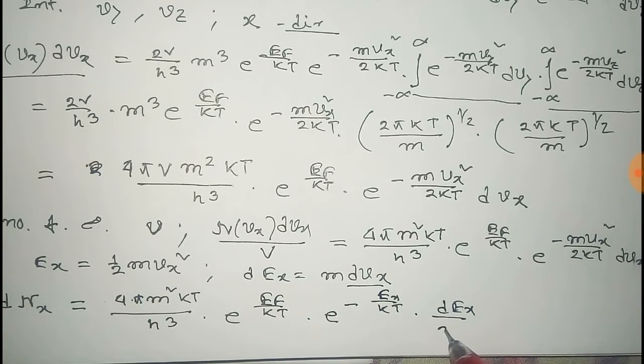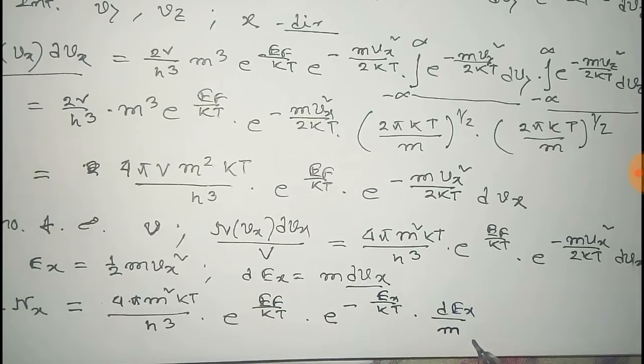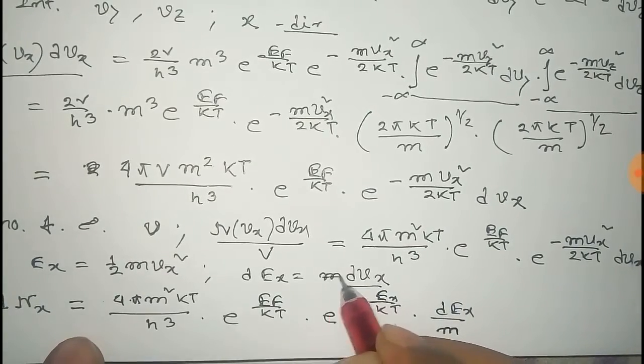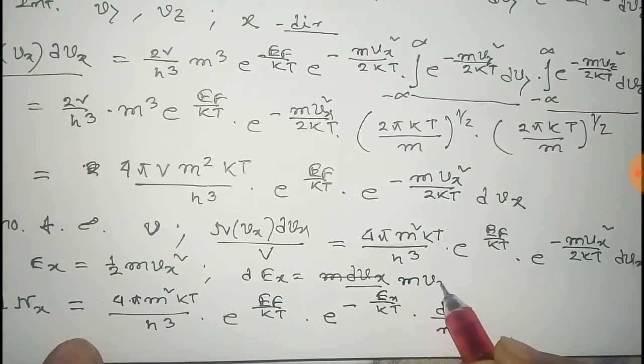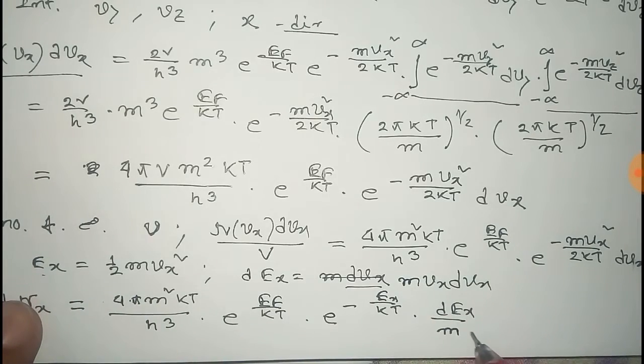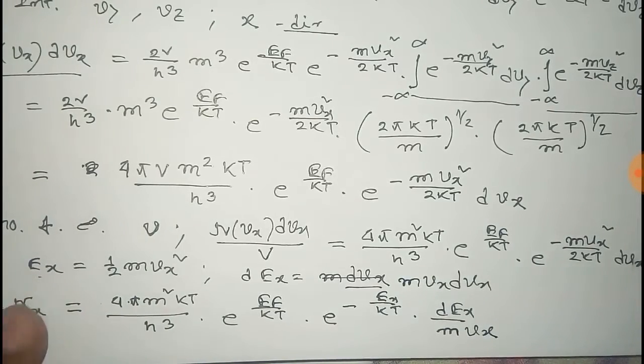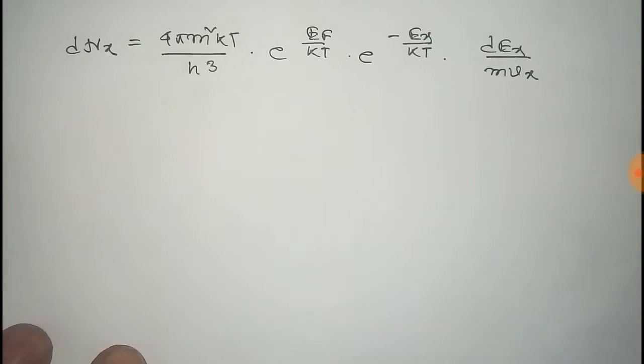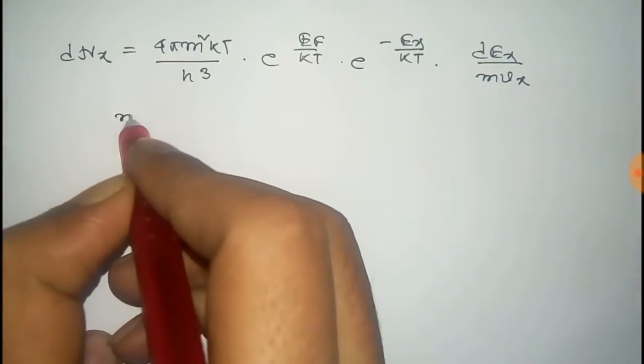Sorry, there is a mistake, because differentiating Ex would give m vx dvx. So dvx is dEx by m vx. Thus we get dn like this.